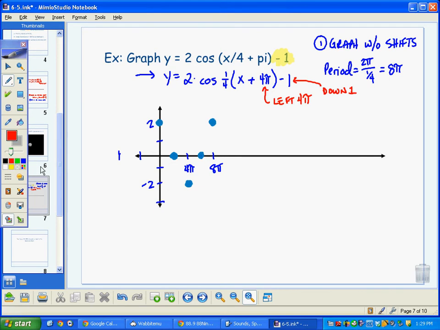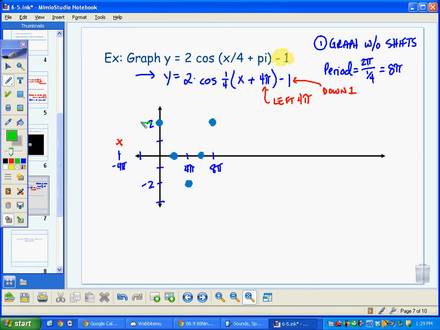And then I'll move each of these. So we're moving to the left 4 pi, which is 2 tick marks. So this is at -4 pi here. And down 1. So the left 4 pi, 1, 2 tick marks, and down 1.